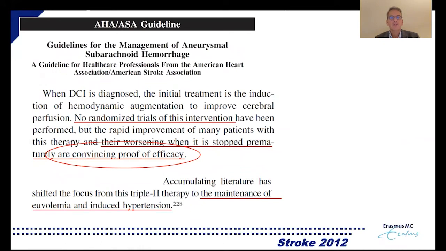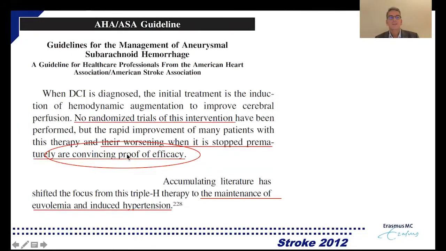And in the American Heart Association guidelines for the management of aneurysmal subarachnoid hemorrhage, they stated that there were no randomized trials up till quite recently, but they see proof of efficacy of induced hypertension.